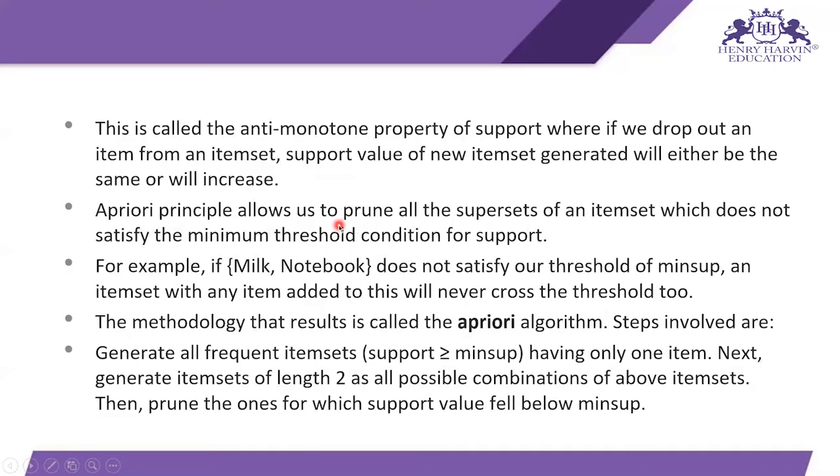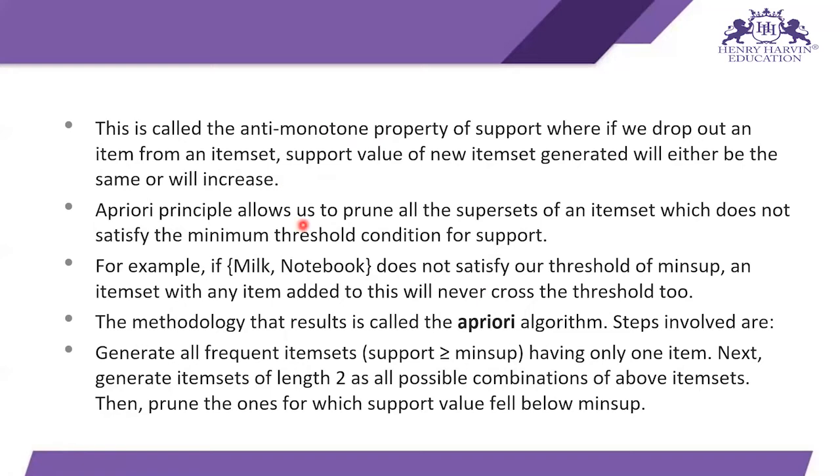This is called the anti-monotone property of support: if we drop an item from the item set, the support value of the new item set generated will either be the same or will increase.